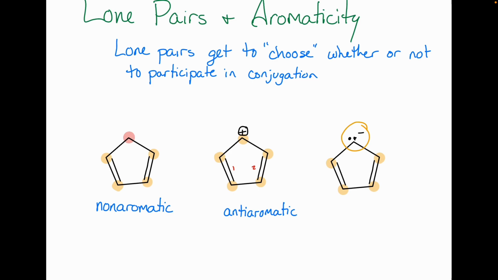So it's going to say, yeah, go ahead and play with your friends, yes, if that makes the compound aromatic. But if adding that pair of electrons to the ring makes the compound anti-aromatic, the carbon's going to say, no, you can't play with your friends. We're not going to put you in a p orbital. We're just going to keep this carbon sp3 hybridized. So no if anti-aromatic.